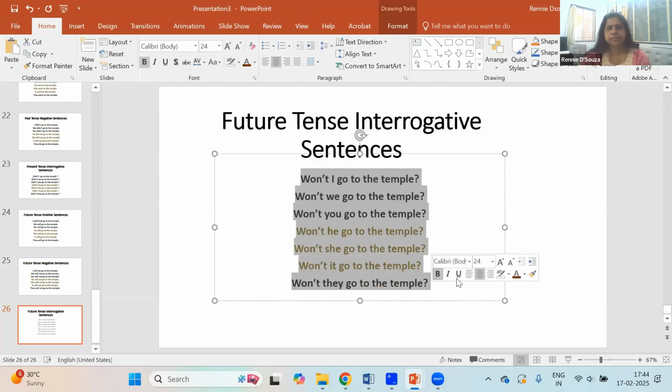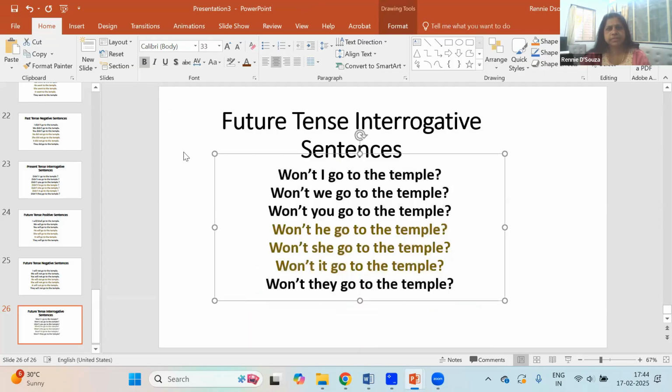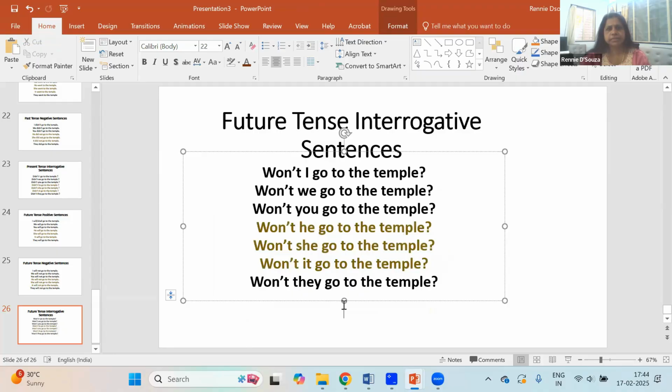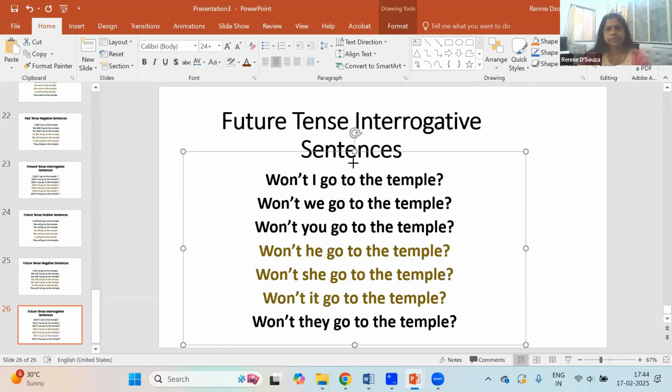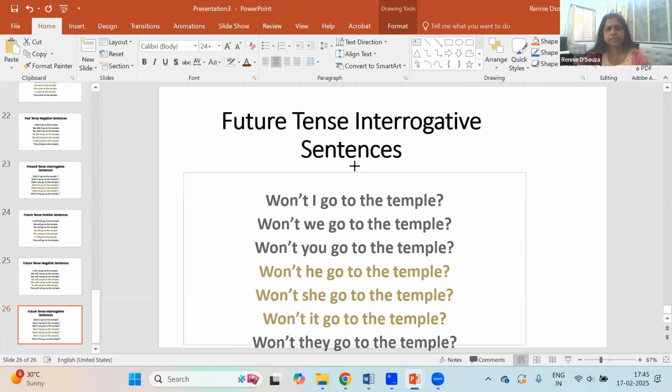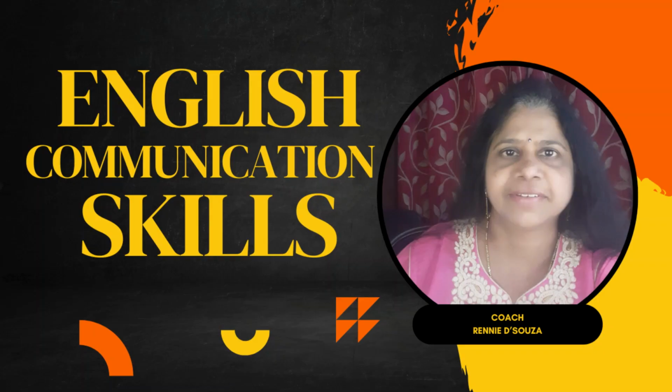So now coming to future tense interrogative sentences, it remains the same: will plus not, will not. The two words will be added and that becomes won't. Won't I go to? That's all for today.